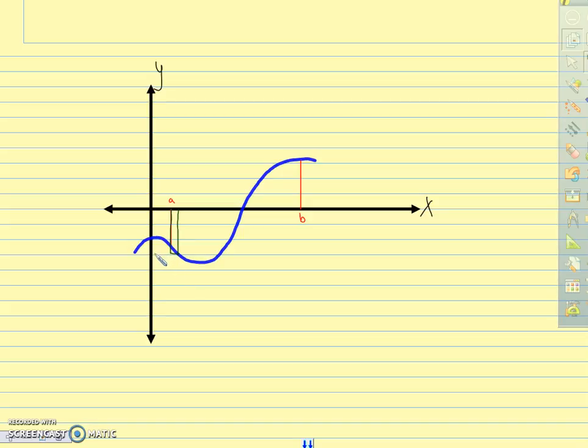Well, my y's, or the height, is going to be negative. Remember, below the x-axis we have y outputs that are negative, and pretty much anywhere here we're going to have negative. A negative height times a positive width or base will give us negative. Up here it's still positive.